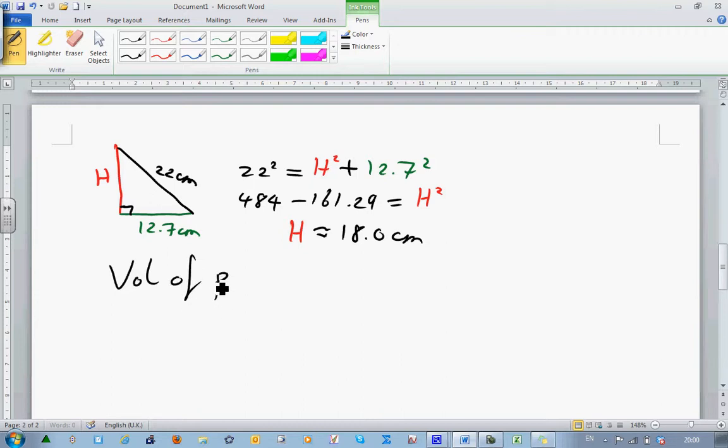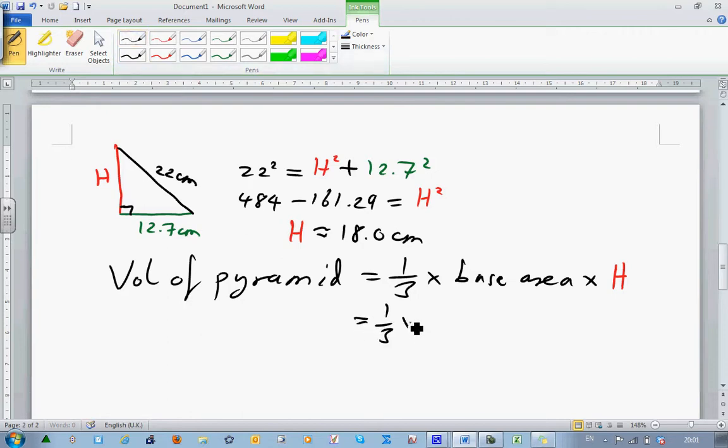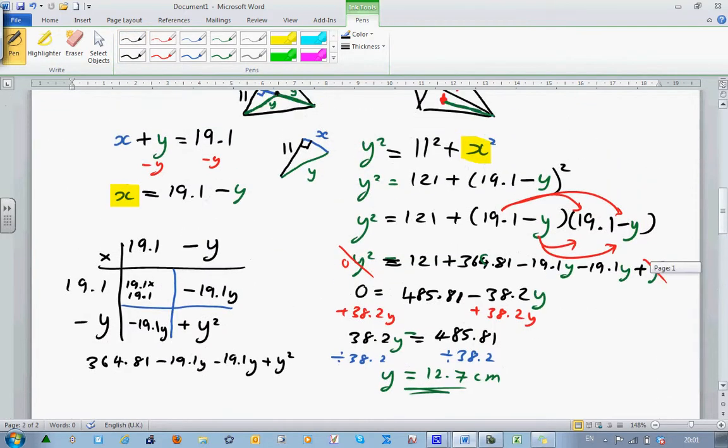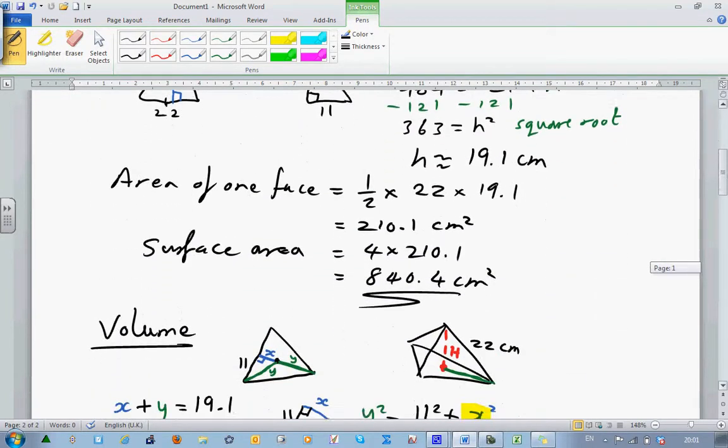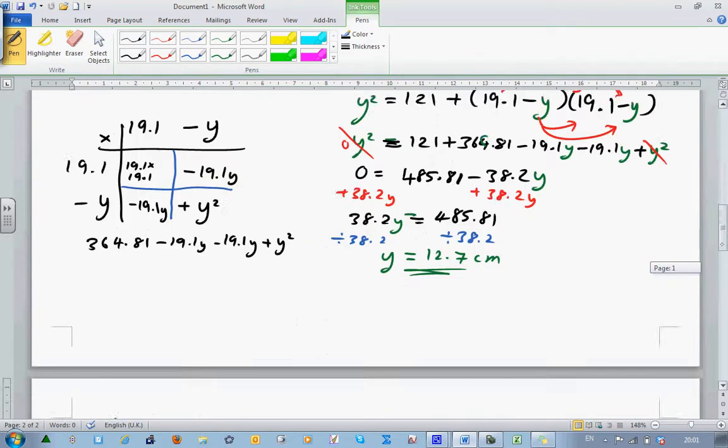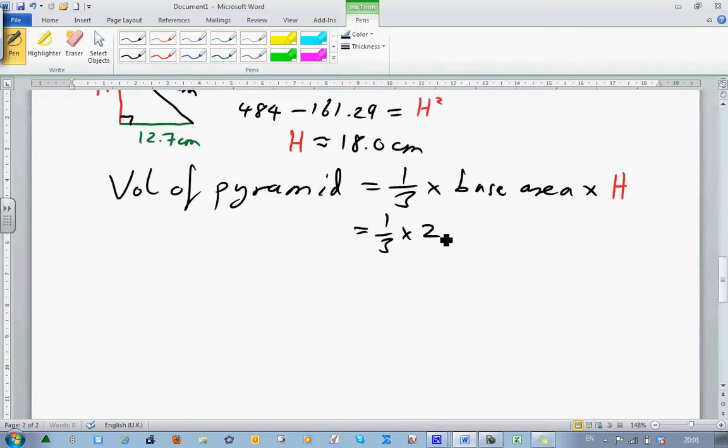So this is 210.1 for the area of the base times 18, which is 1/3 of 18 is 6, so 6 times 210.1 is 1260.6 centimeters cubed. That's the volume of the pyramid, of the tetrahedron that was on screen. Wow.